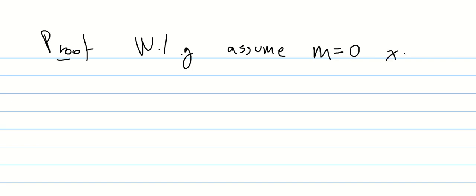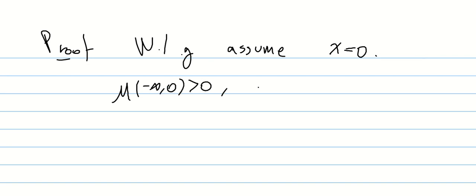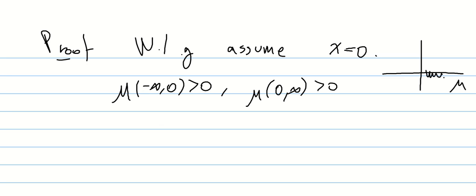So as usual, without loss of generality, we can assume that m is 0 and x is different from 0. Let's assume x is, oh sorry, we're going to assume that x is 0. And we know that mu of (minus infinity, x) is positive, as well as mu of (0, infinity). So in particular, what does this mean? It means that if you plot the distribution of mu, it has some mass here and some mass here.